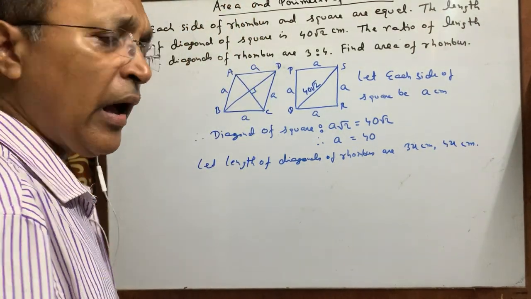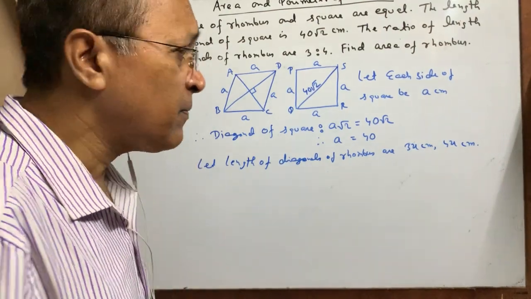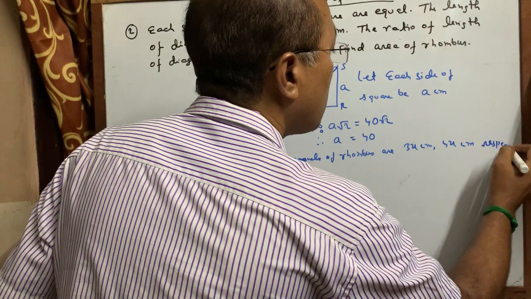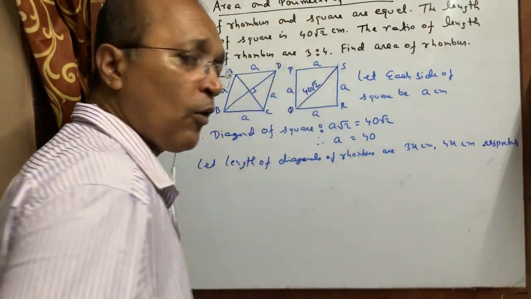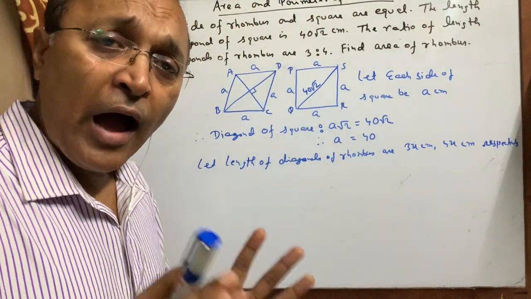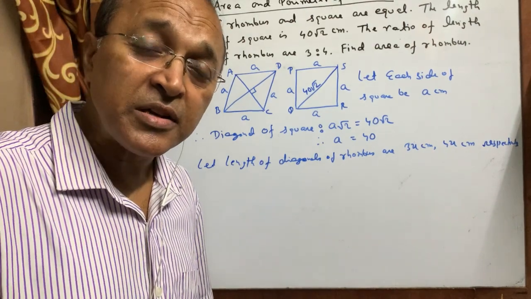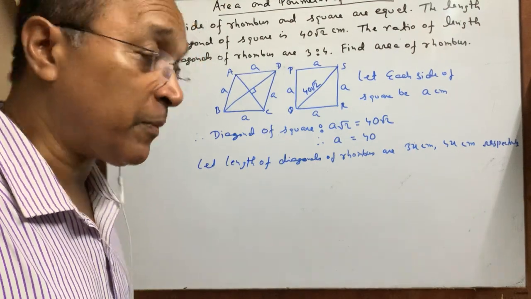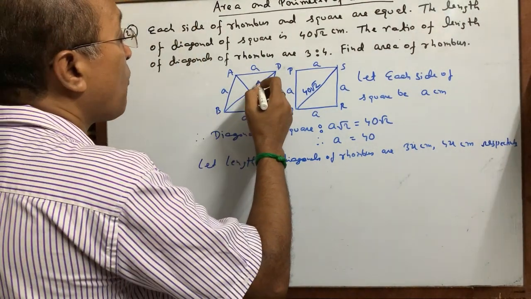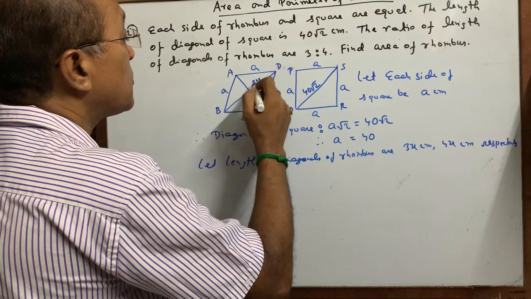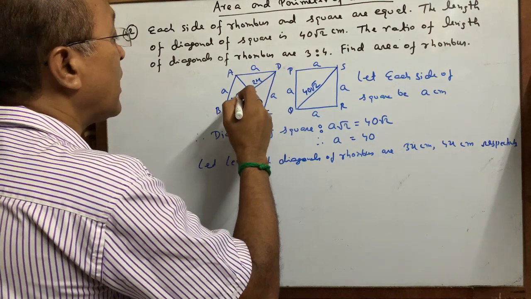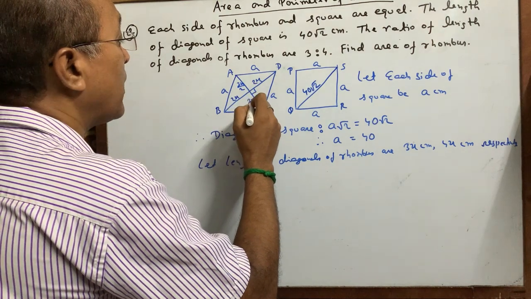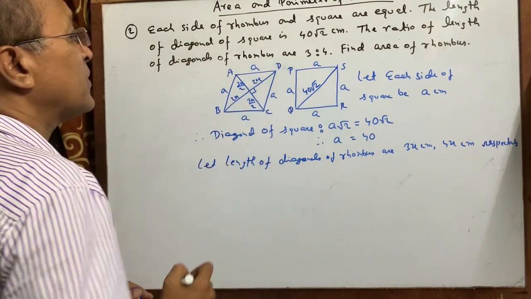And all of you know that diagonals of rhombus bisect each other perpendicularly. So 4x becomes 2x and 2x, and 3x becomes 3x by 2 and 3x by 2.